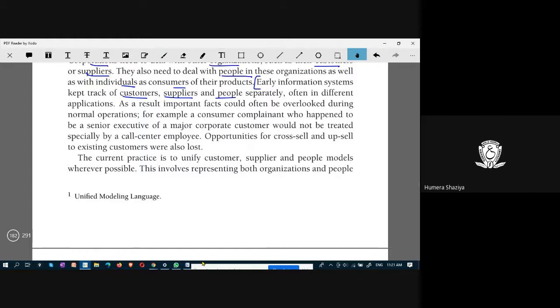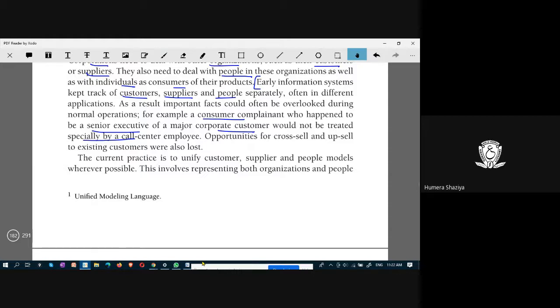And then a consumer complainant who happened to be a senior executive of a major corporate customer would not be treated specially by a call center employee, because this has been segregated in a traditional system. The drawback of this segregation is that, for instance, your customer is, say, Dell company.